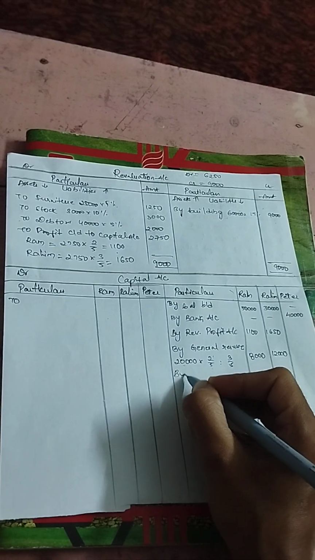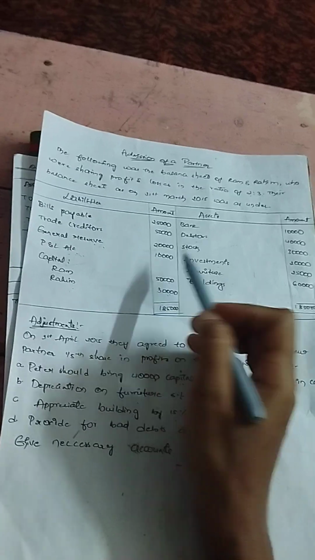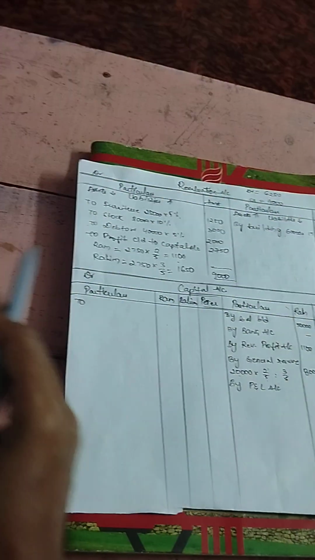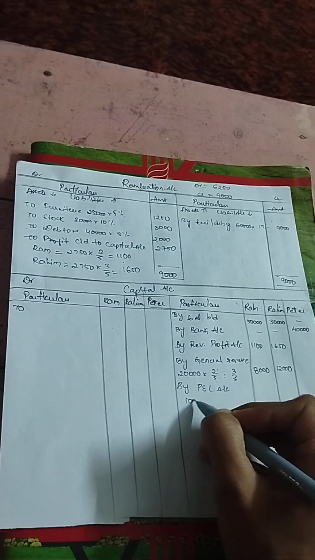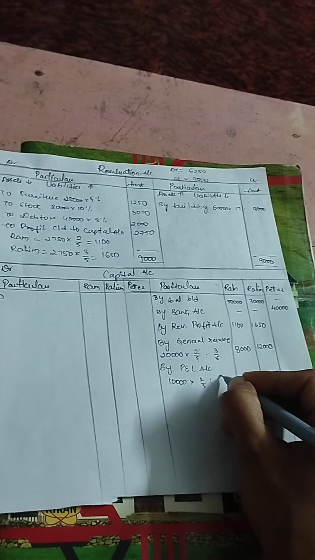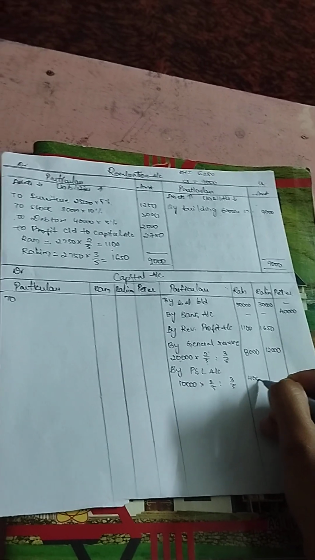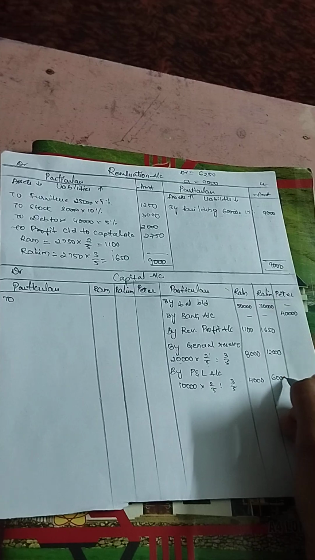Next, by P&L account, which is given in the balance sheet, that is 10,000. 10,000 into 2/5 and 3/5. So you will get 4,000 and 6,000.